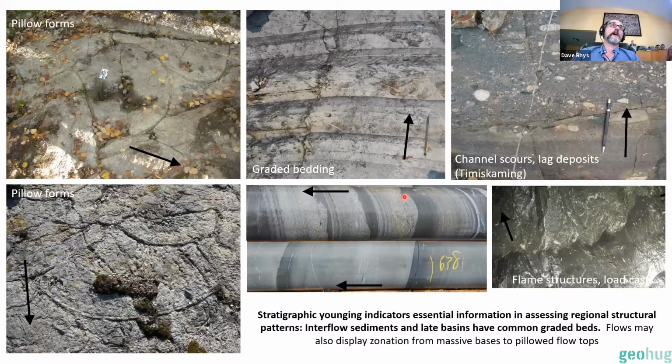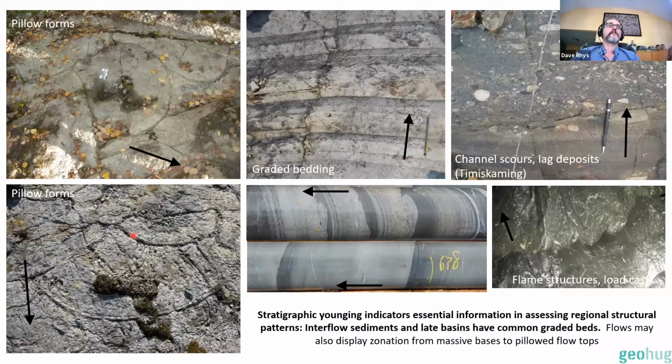You can, in outcrop and sometimes in drill core, actually make out pillow younging directions too in these pillowed mafic volcanics, where the arcuate portion of the pillow is the portion that's up sequence. It's the youngest part, because the bottom of the pillow deposits on the irregular topography created by previous pillows underneath. In some drill holes you can see that.